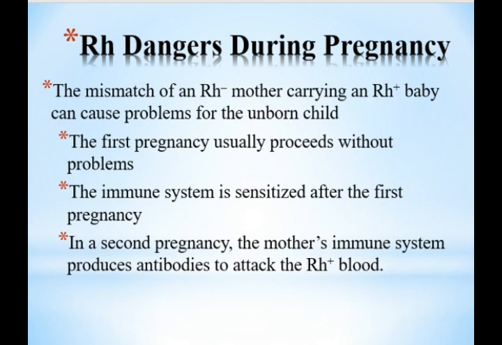Usually the first pregnancy would have no problems, but after the first pregnancy, the immune system is sensitized, meaning that it would suddenly notice that there's an enemy inside. In a second pregnancy, the mother's immune system would attack the body of the baby using antibodies.